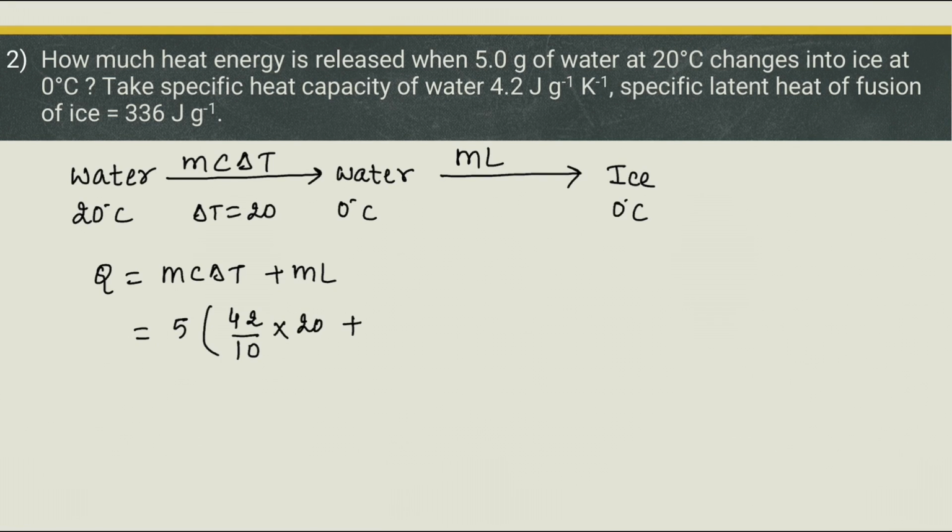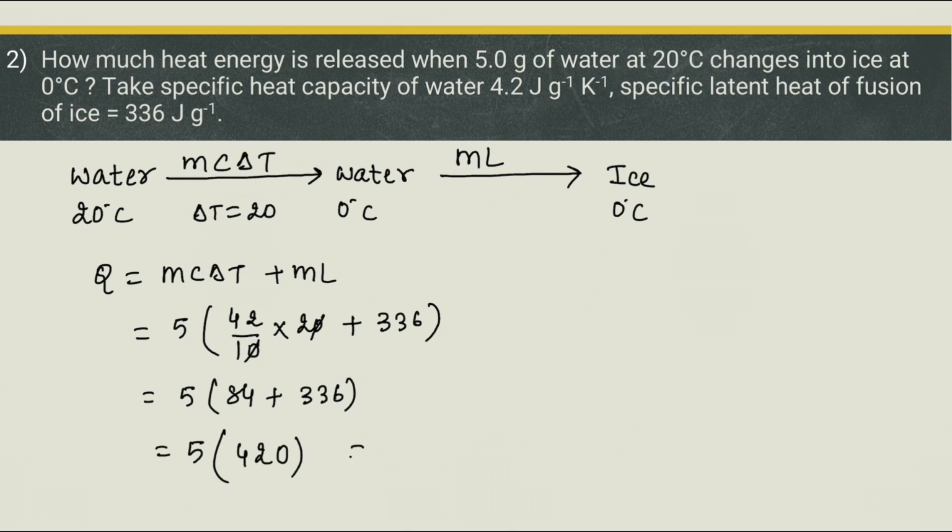So 20 plus specific latent heat of ice is 336. So 5 into 84 plus 336, that is 5 into 420, and that is 2100 joule.